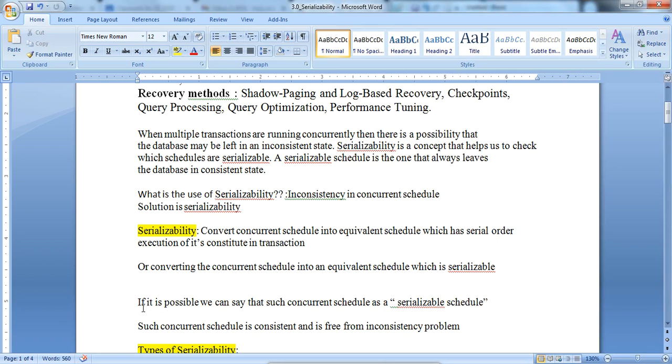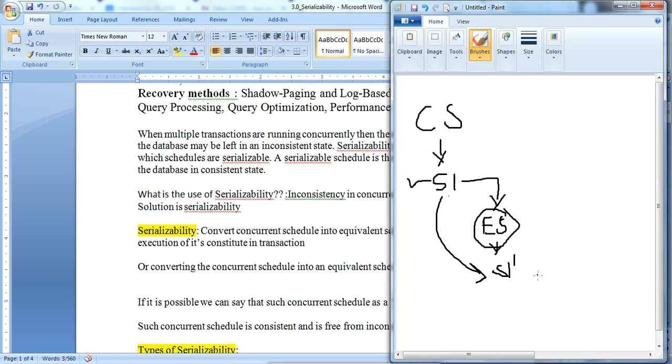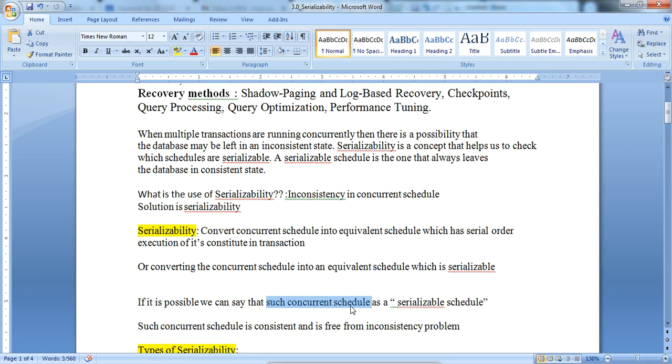If this is possible, we can say that such a concurrent schedule is serializable. If we can convert S1 into an equivalent schedule S1 dash, and S1 dash is serializable, then S1 is a serializable schedule, even though S1 is a concurrent schedule.